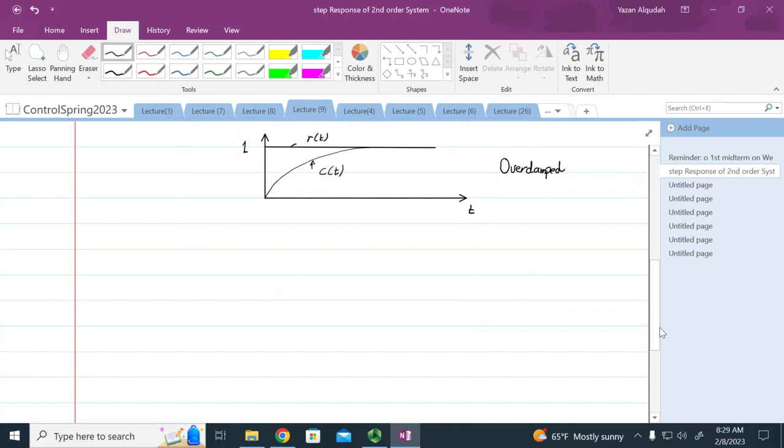Okay. The second case is when zeta is equal to 1, and this is the critically damped case, where we have two poles at the same location.